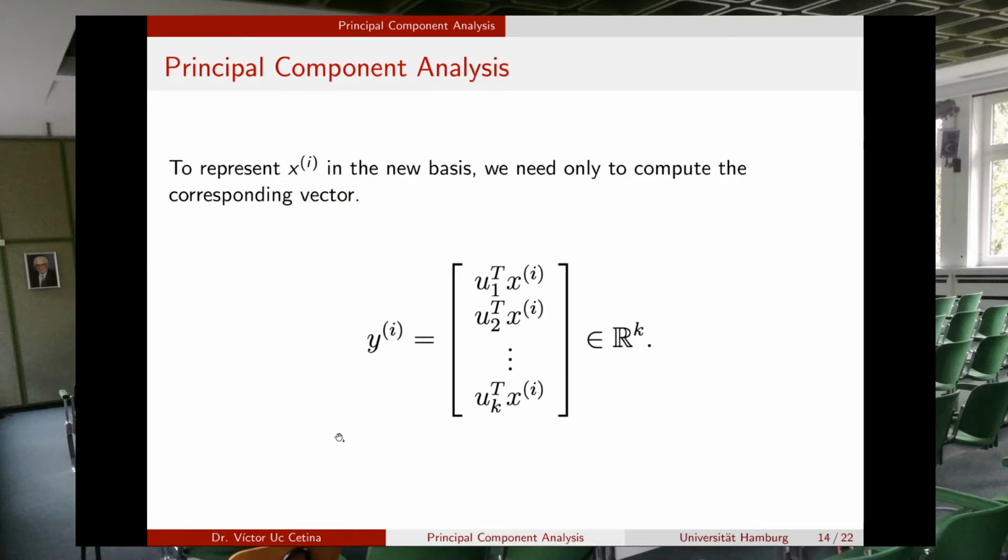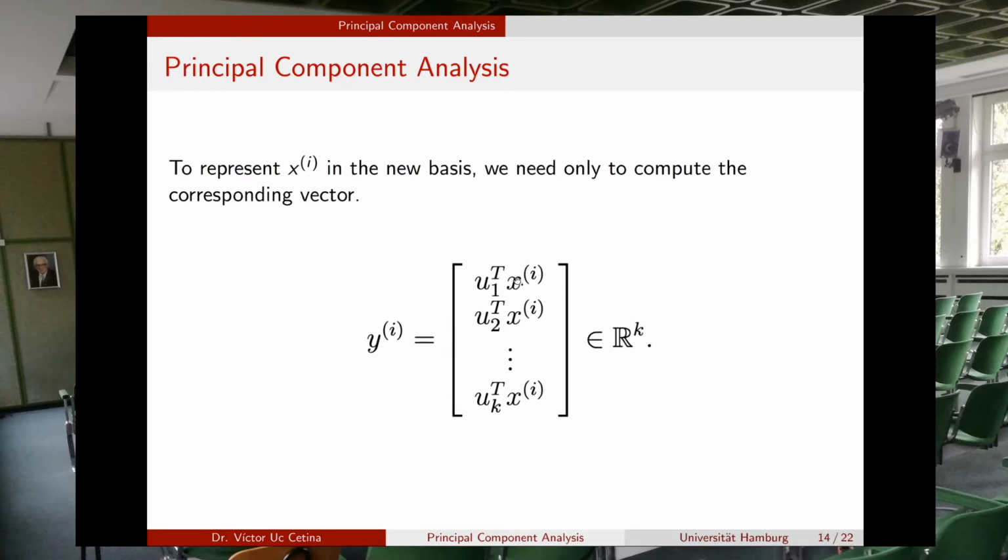So mathematically what you do is, suppose that your example i is this vector here, x, and here we are assuming that the dimension of the vectors is k.